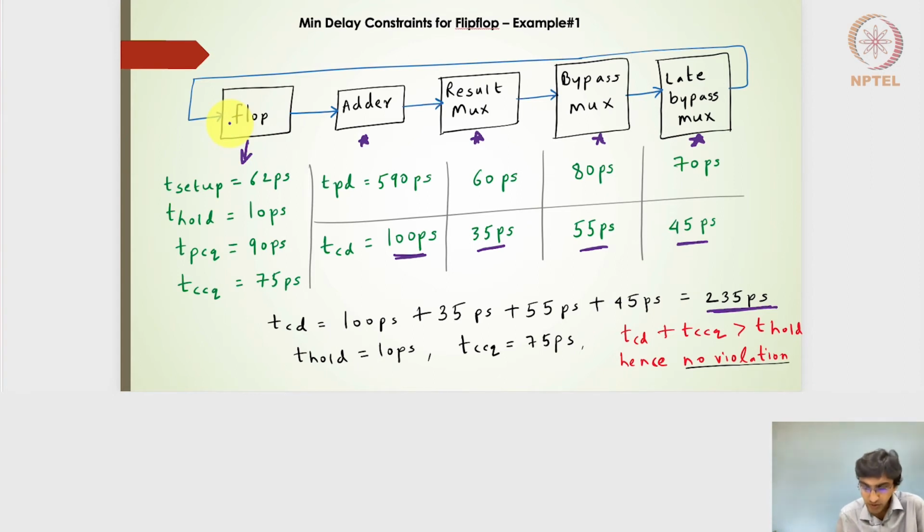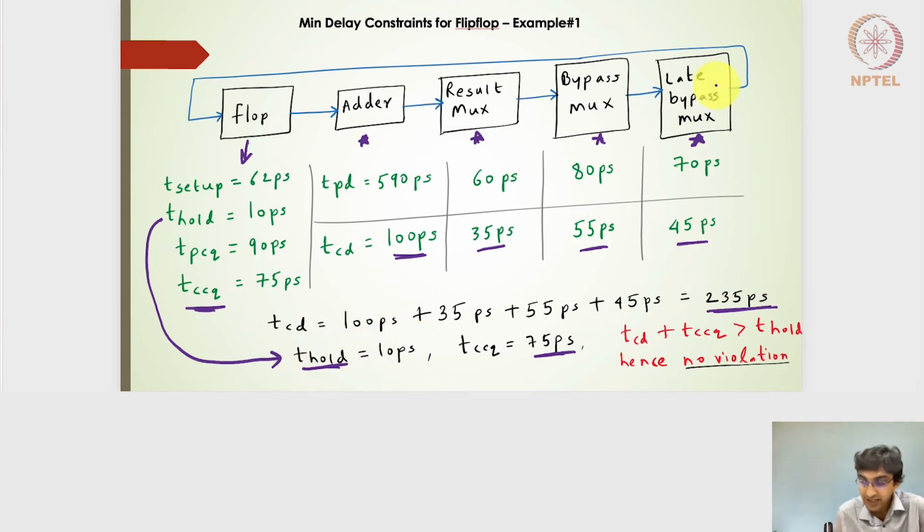Right. So the T hold time, which is characterized for the flop design, is actually 10 picoseconds, and then we also have the TCCQ, the contamination clock to Q, which is around 75 picoseconds. To avoid the hold time failures, we know that TCCQ plus TCD of the combinatorial blocks should be greater than the T hold of 10 picoseconds.